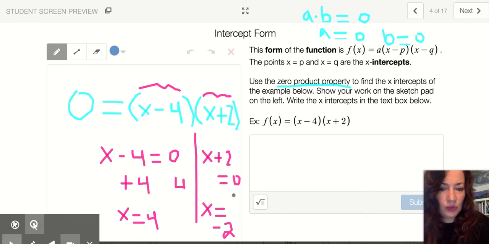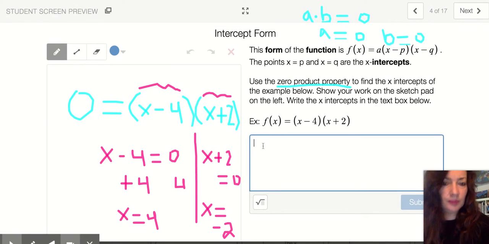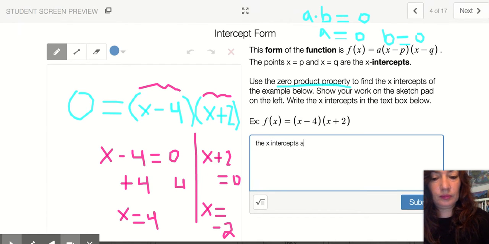Let me see if it will allow me to type it in here. All right, so it says answer in the text below. So you can say the x-intercepts are x equals 4 and x equals negative 2.